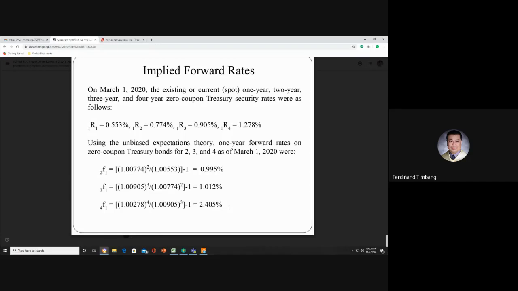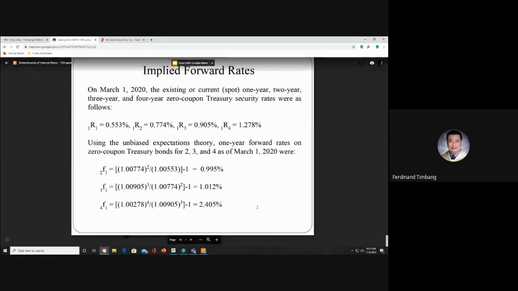Indian ka, di ba, Ashi? Yes, sir, Indian po. Actually, sila nga may record ng pinakamatalas na memory. Tsaka mga Chinese. Okay, so next. Wala na yata next. Tapos na pala.